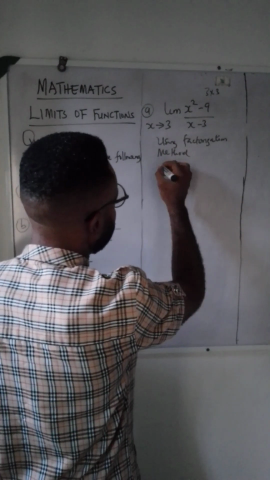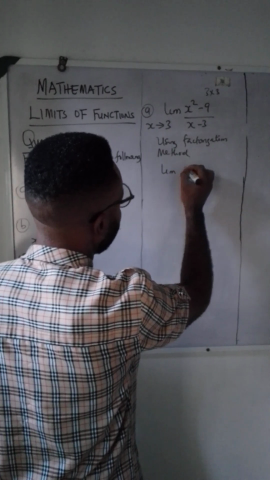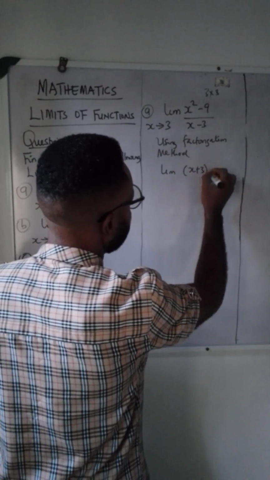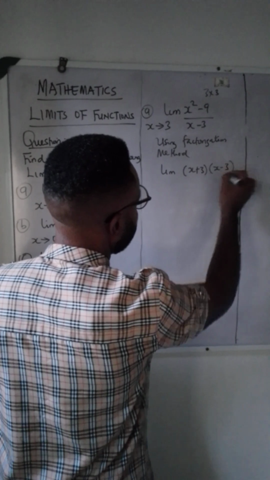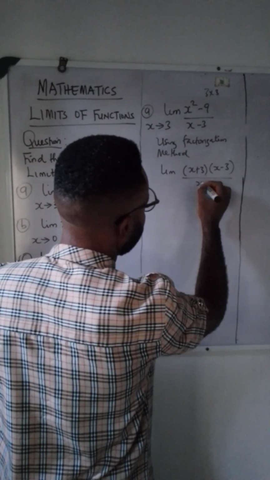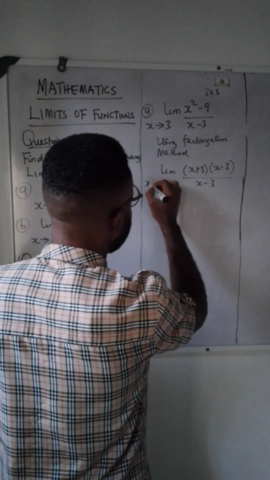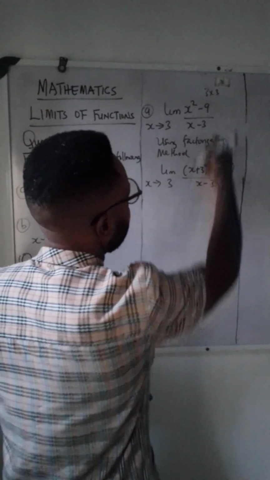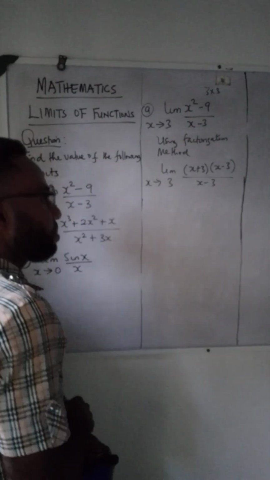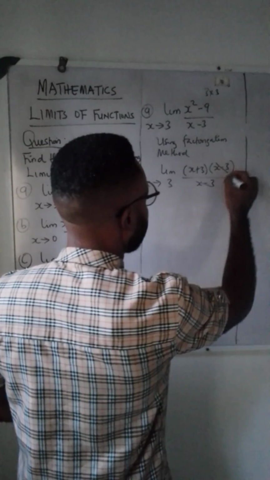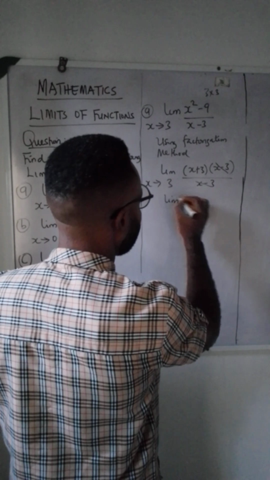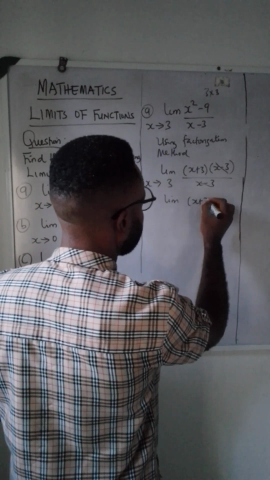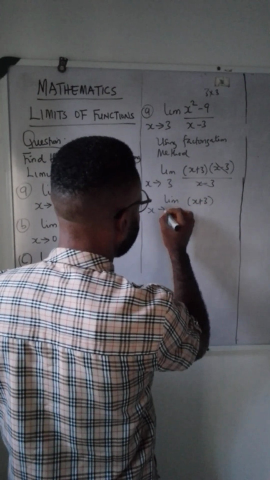So since it is the difference of two squares, we have the limit of x plus 3 into x minus 3 all over this other one, x minus 3, as x tends to 3. If you open up this bracket, you still arrive at x squared minus 9. So this will cancel out. So we are left with the limit of x plus 3 as x tends to 3.